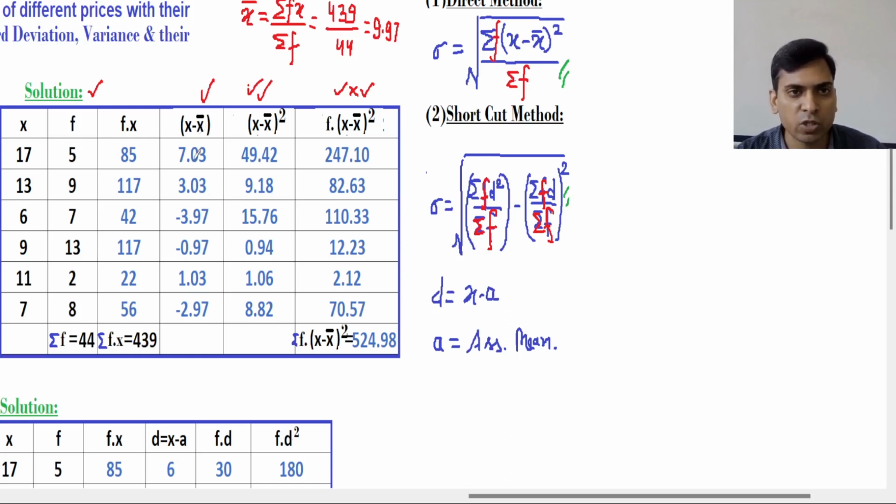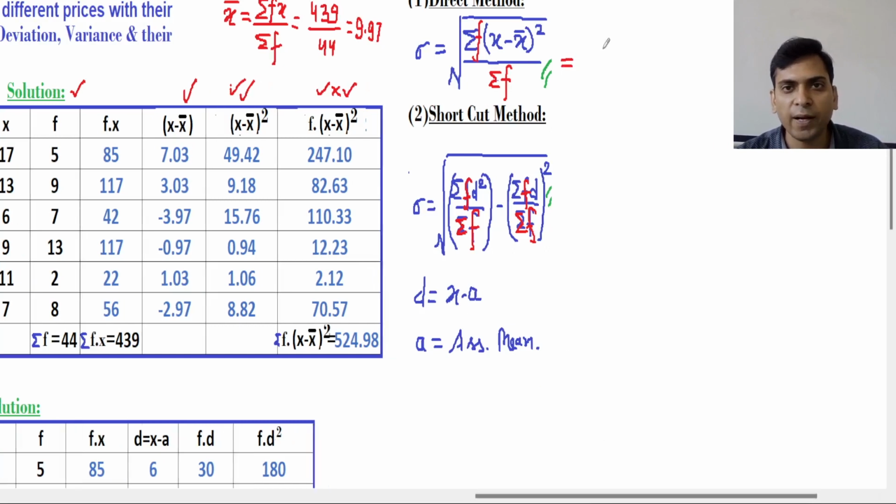Then we will find their squares. The square of 7.03 is 49.42. Then we will multiply this column with the frequency, just like 5 times 49.42, so you will get 247.10. In that way, you can find all these values, and then we will find the summation, as the formula needs. Now we will put these values in the formula.